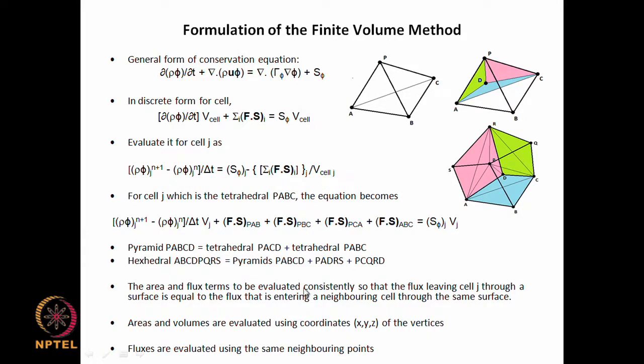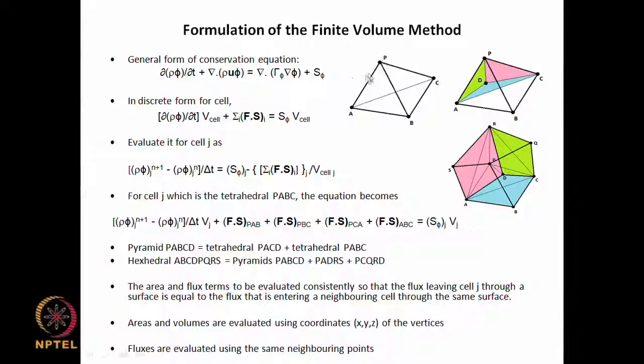So, the area and the flux terms need to be evaluated consistently, and what we mean by consistently is that we are looking at one cell, but your computational domain is made up of a number of cells. For example, if you take this tetrahedral element, this PAC triangle, that surface is likely to be shared with a neighboring tetrahedral element or hexahedral element.